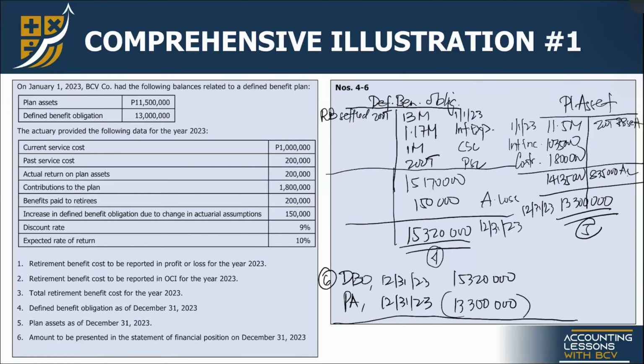Get the difference. That is 2,020,000. Anong tawag dyan? Is it a net retirement liability or net retirement asset? Answer, since mas malaki si DBO, meron tayong net retirement liability. December 31, 2023. So that's your answer for number 6. Okay? So that's one of the comprehensive application of defined benefit plan.